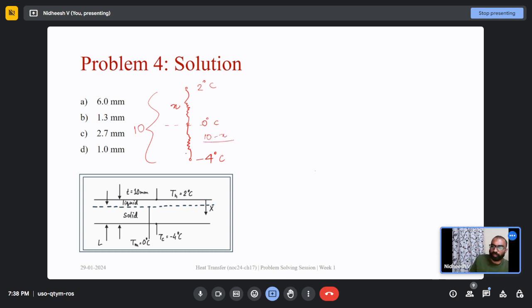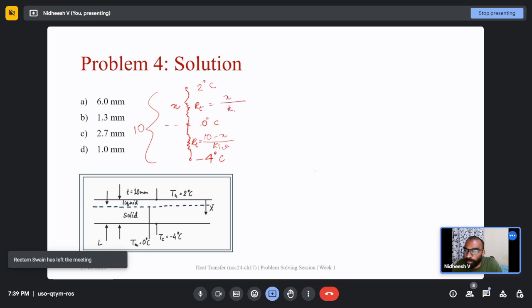Yes, right. So the thermal resistance here would be the distance, 10 minus x, by the thermal conductivity of ice, and here the thermal resistance would be this unknown length x divided by the thermal conductivity of liquid water, right?